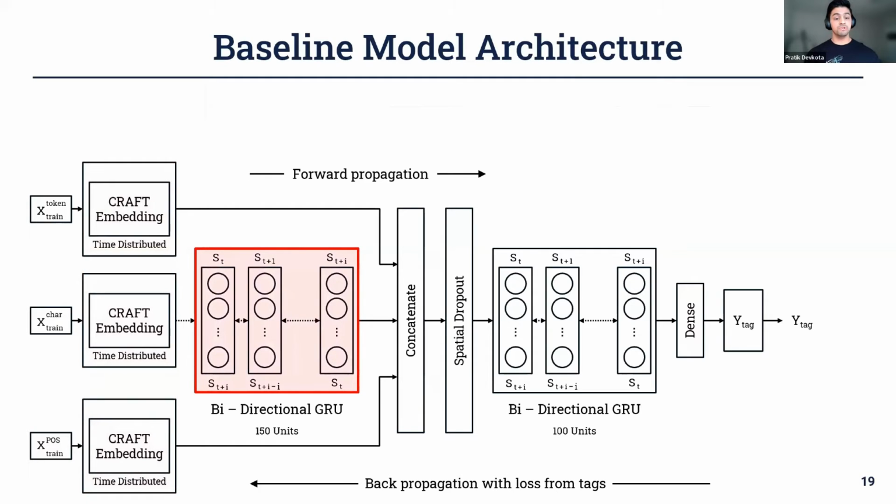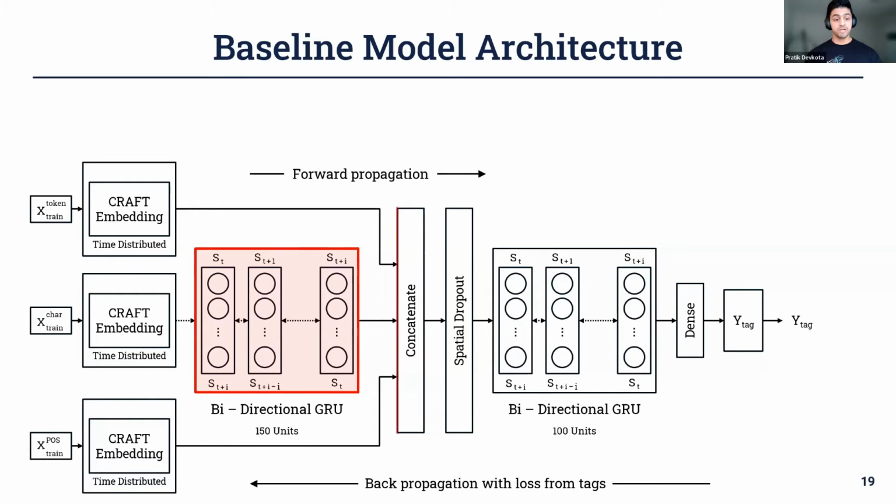Additionally, we have used a bidirectional GRU layer just for character level input. This is proven to be useful in capturing morphological information such as prefixes and suffixes, especially in scientific text where prefixes and suffixes can largely vary the meaning of a word.